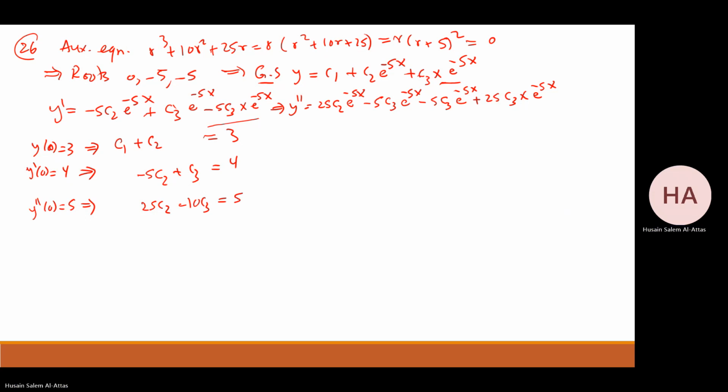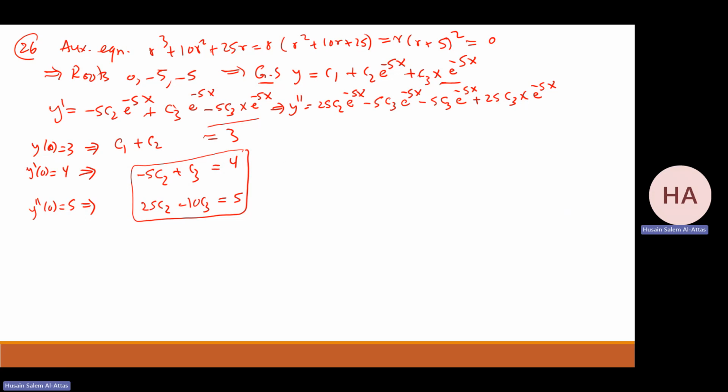Okay. Yeah. Now we need to solve these 3 equations. Okay. Let me do the calculation. What I will do, I will take these 2 equations and try to solve for C2 and C3, then I can find C1. Yeah.